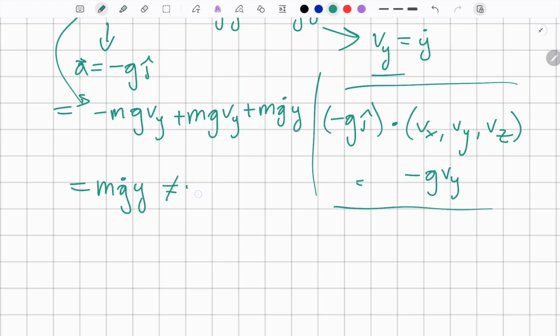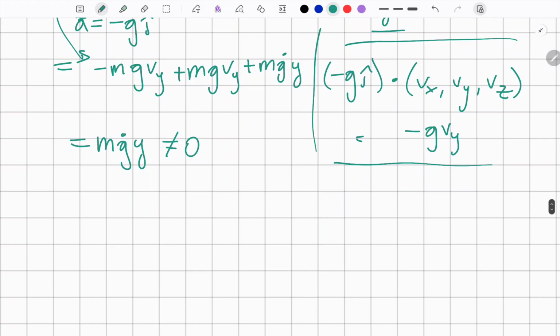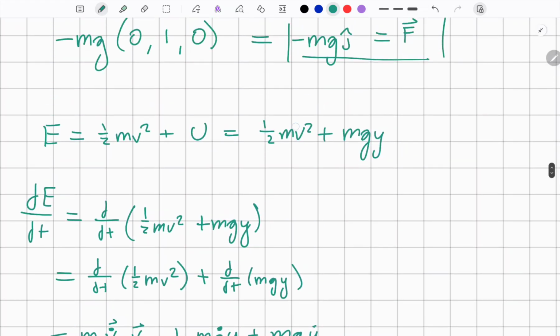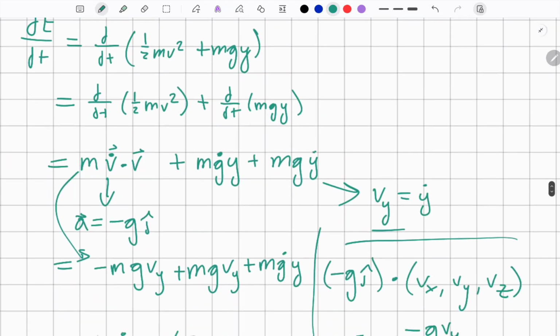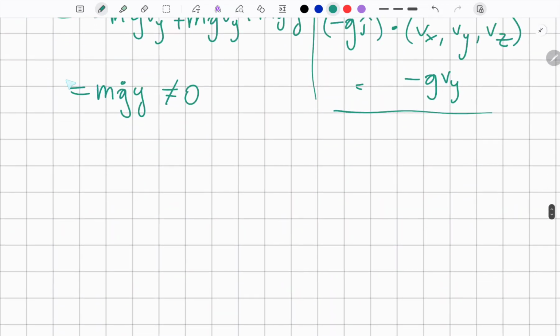This is not equal to 0, so that means our energy is not conserved. So up here we have the negative of the gradient of potential energy is equal to our force vector, though when we go down here, our energy is not conserved.